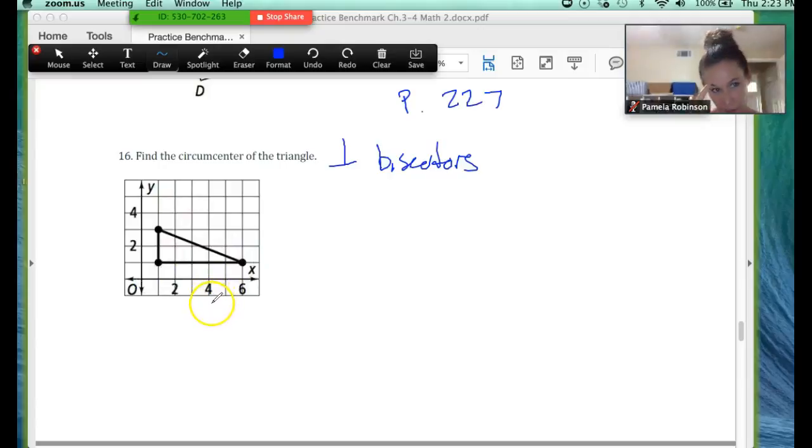Now, instead of doing a bunch of calculations on this one, where I would go, all right, to find where it bisects, I need to find the midpoint. So I would use the midpoint formula, okay? Add the two x's, divide by 2, add the two y's, divide by 2. Or, since I'm on a grid, it's really easy to see it. Here, this length is 2, so halfway is going to be right here.